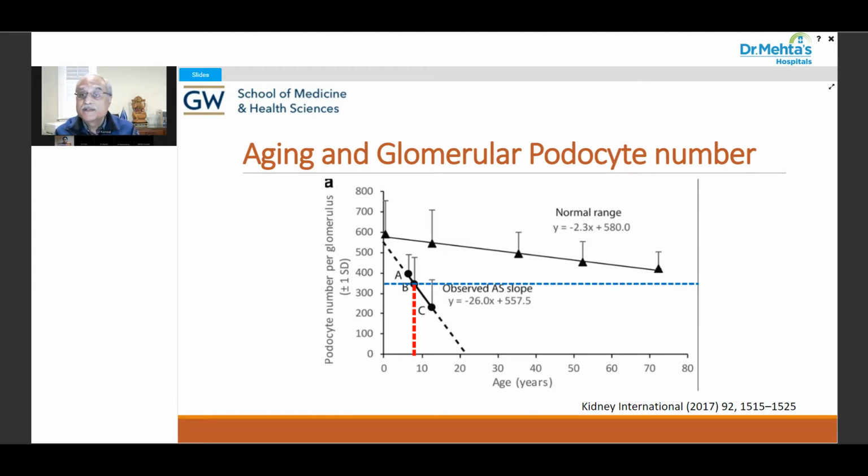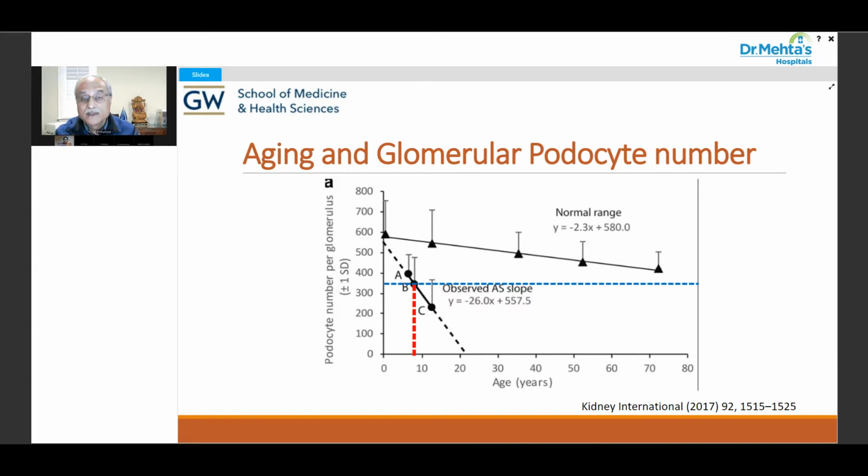So 40% loss of podocytes is the critical number. Once you lose 40% of podocytes, you are destined to develop progressive glomerulosclerosis. And that has been replicated in biopsy samples.